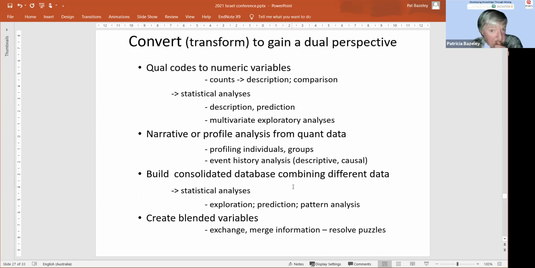You can use converted data to build a consolidated database where you combine elements of your text data that's been converted into variables plus your variable data, or you can use it to create blended variables, where you create new variables based on combining elements of both.